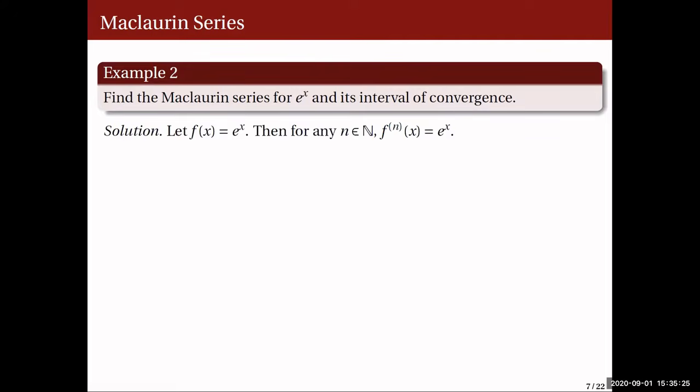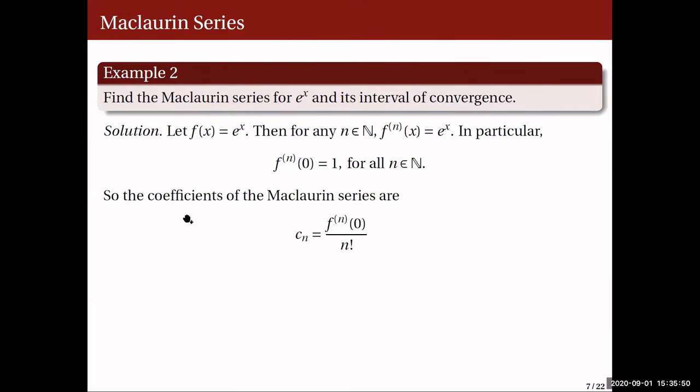Recall that the Maclaurin series is a Taylor series about 0. Solving this at x equals 0, we get f^(n) of 0 equals e to the 0 or 1. So in particular, f^(n) of 0 equals 1 for all natural numbers n.